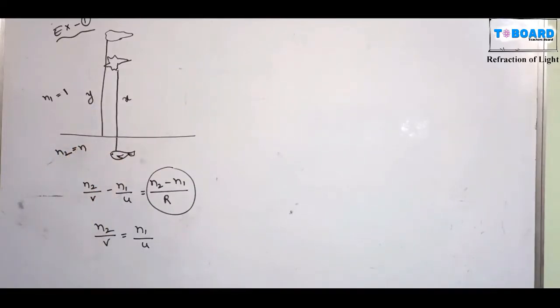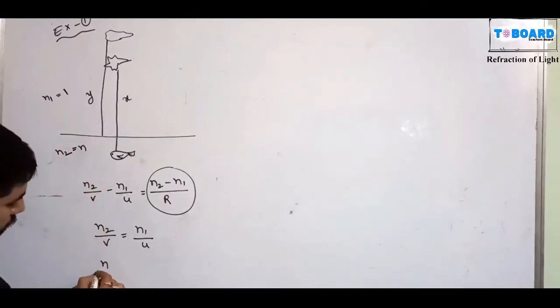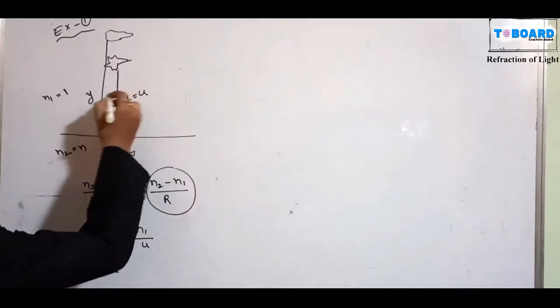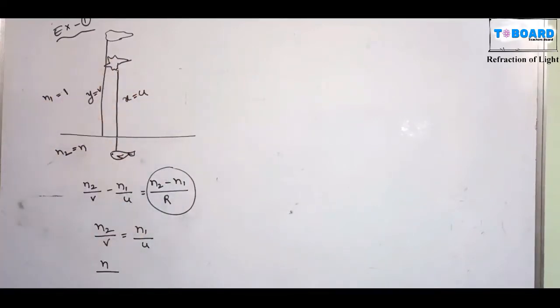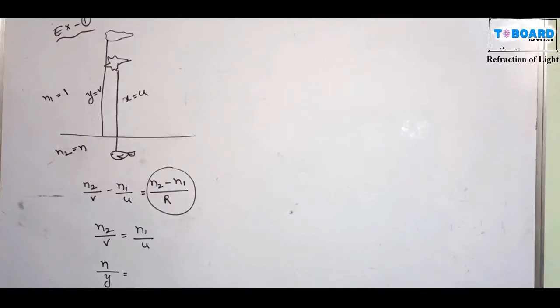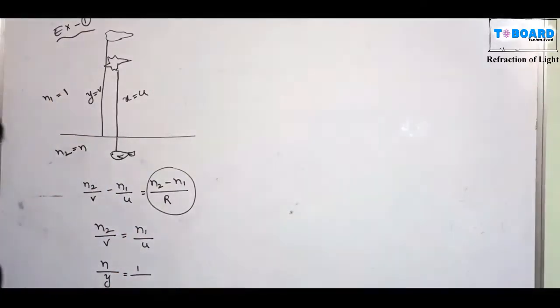Then I am going to write the values here, the object distance and image distance. So n2 means n. So n by v: this is the image distance v, and this is the object distance u. Now I am going to write that y is equal to... n1 is 1, and 1 by u means x, the object distance.